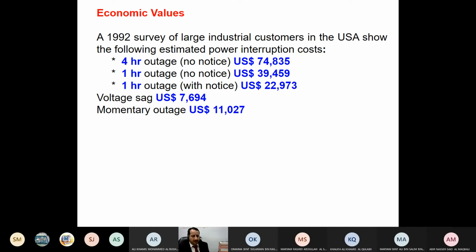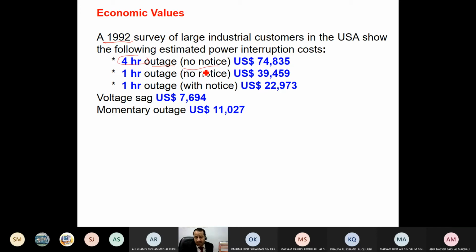I will give an example. This is an old case. In 1992, something happened in the US in some industrial companies. They recorded an outage, a shutdown of the electricity, that occurred for 4 hours without notice.